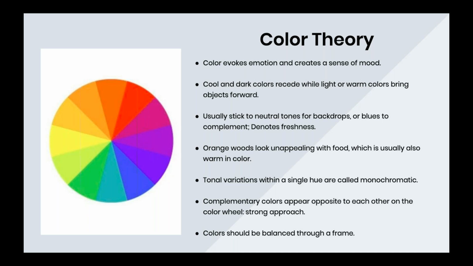So in general, I recommend sticking to neutral tones for backdrops. So white, black, variations on gray, brown if it's a deep espresso brown or neutral brown, and then also different varieties of blue, because blue really is a nice complement to food.